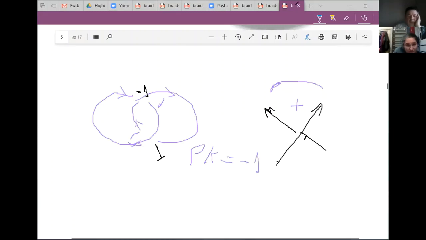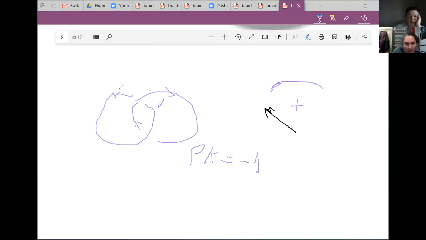You see that it depends on the orientation.